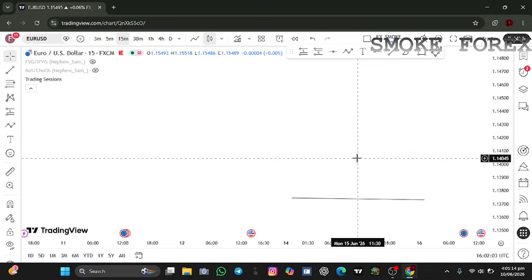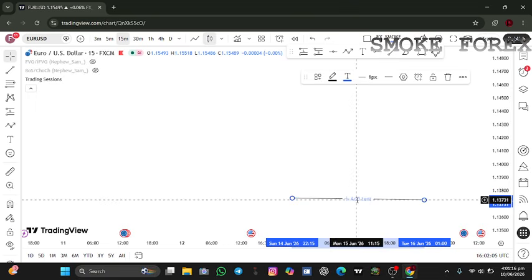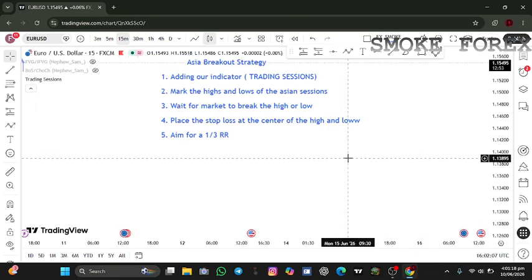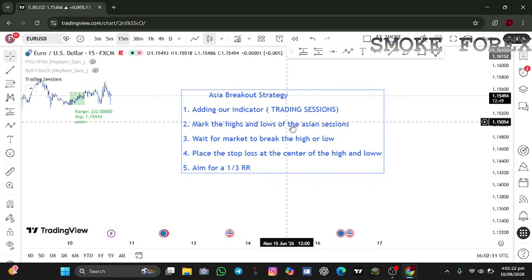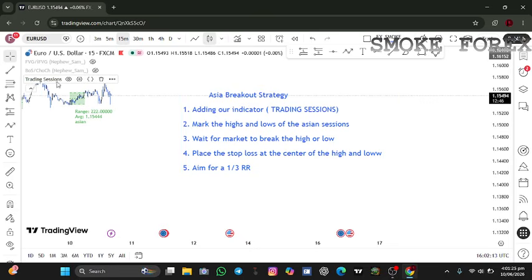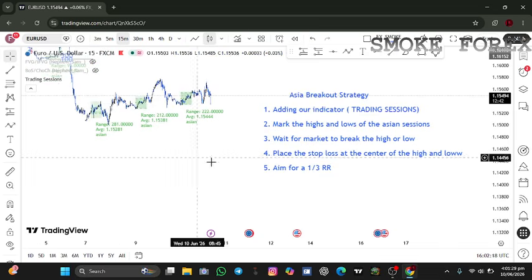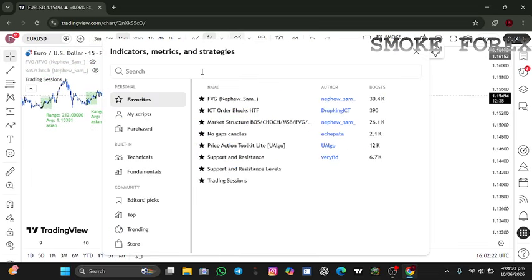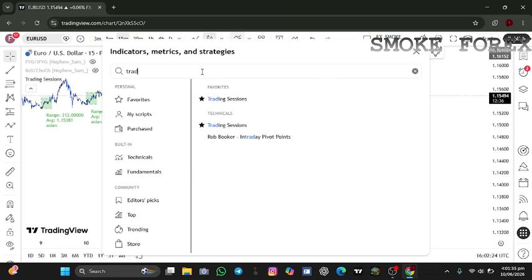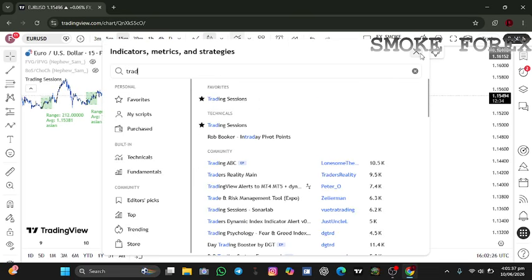Let me explain everything. Firstly, we are going to add our trading session indicator. I've already added my own, so you search in indicators for trading session, then add it.